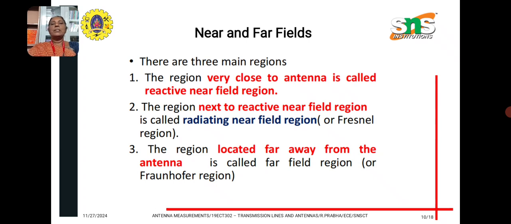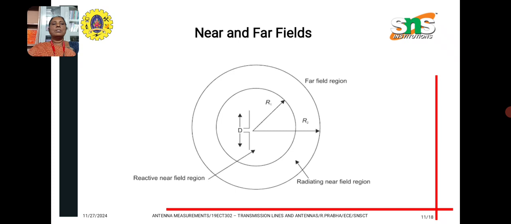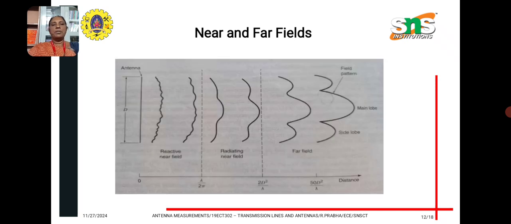And the region located far away from the antenna is called the far field region, also called the Fraunhofer region. So this diagram indicates the three different regions: close to the antenna is the reactive near field region, the next is the radiating near field region, and far above from the antenna there is a region called the far field region.